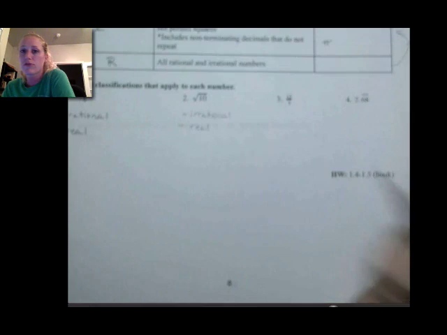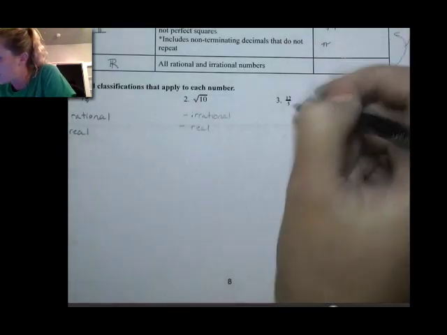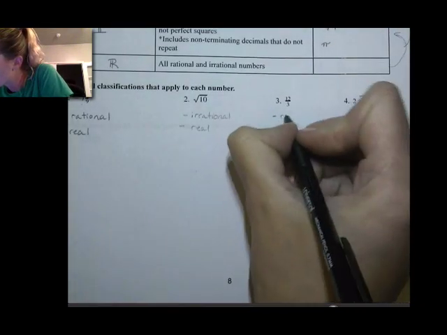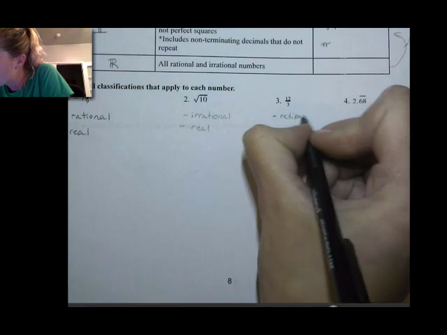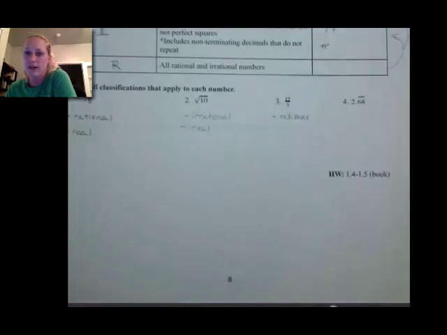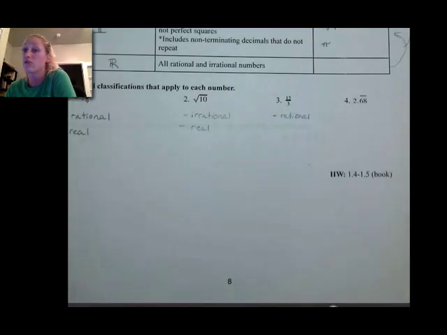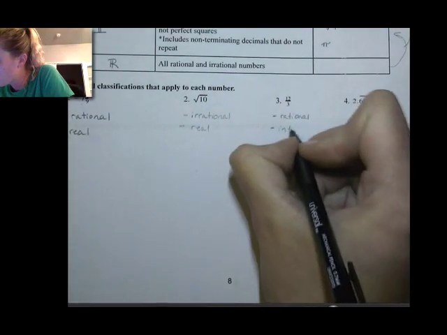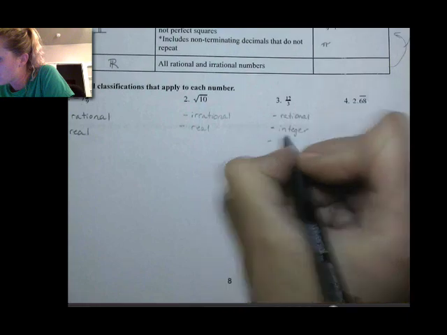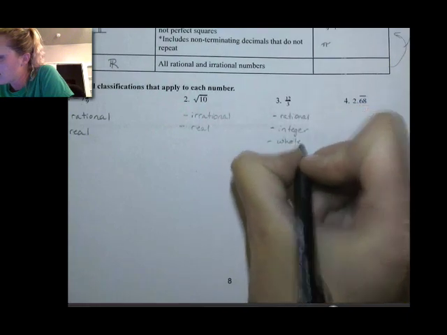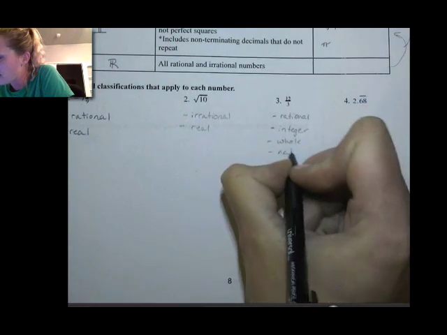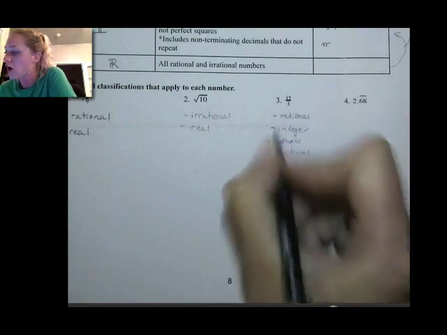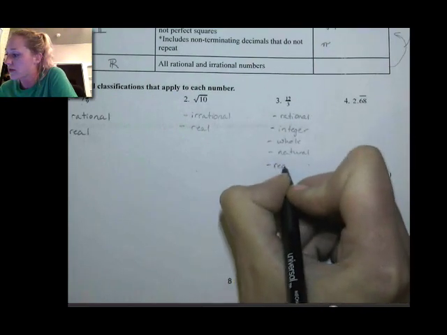Okay, 12 over 3. This one is a fraction, so it's definitely rational. But if you guys notice, I can actually simplify 12 thirds. 12 divided by 3 is 4. 4 is also an integer. It's also a whole number. It's also a natural number. And of course, all of those are real numbers.